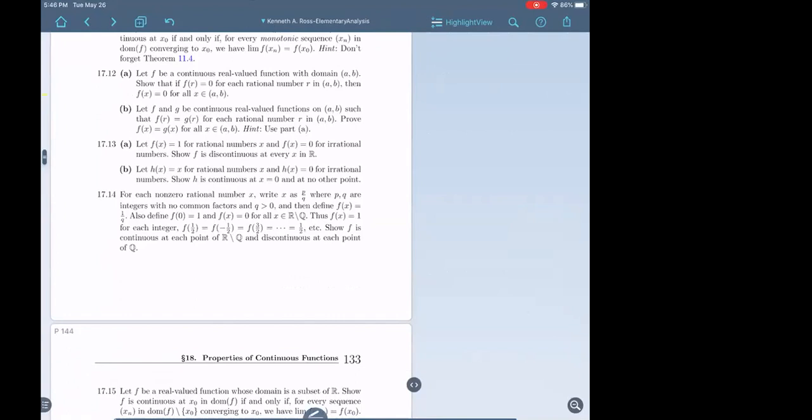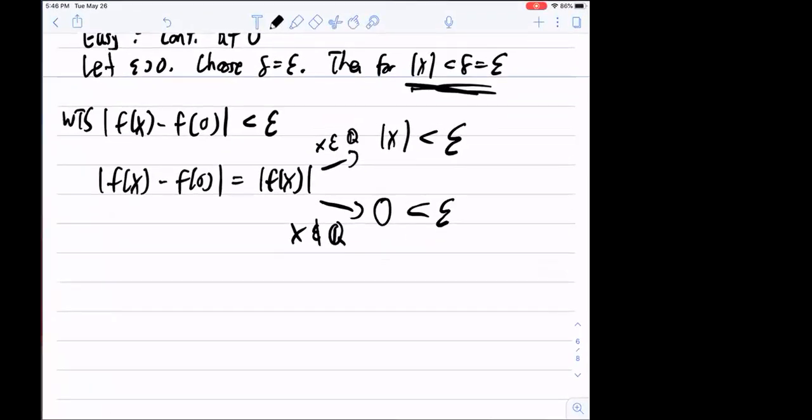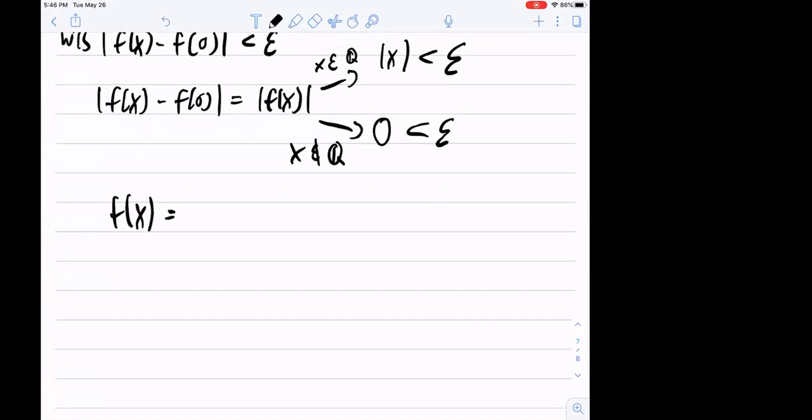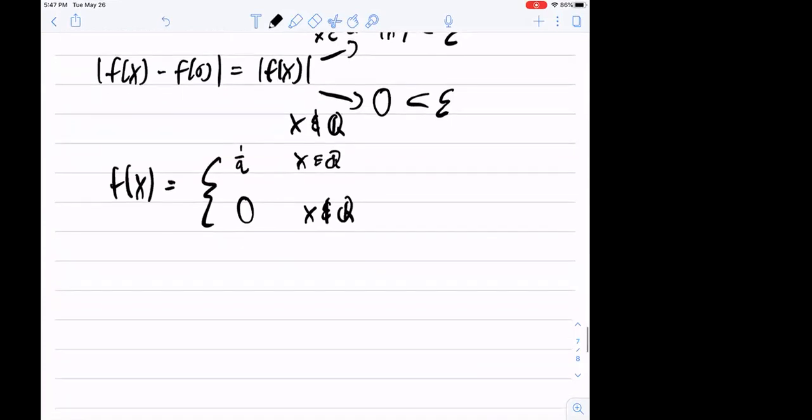So f of x equals 0 for x not in Q, and this is a bit harder to write. It's 1 over q for x in Q. What do we mean by this q here? If x is rational, it's of the form p over q, reduced, and then we say f of p over q is 1 over q.